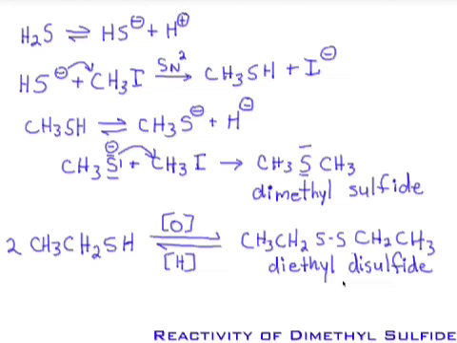Okay, the last thing to note is that we can conduct chemistry on sulfides, such as dimethyl sulfide, in which we oxidize the sulfur by adding varying amounts of oxygen.